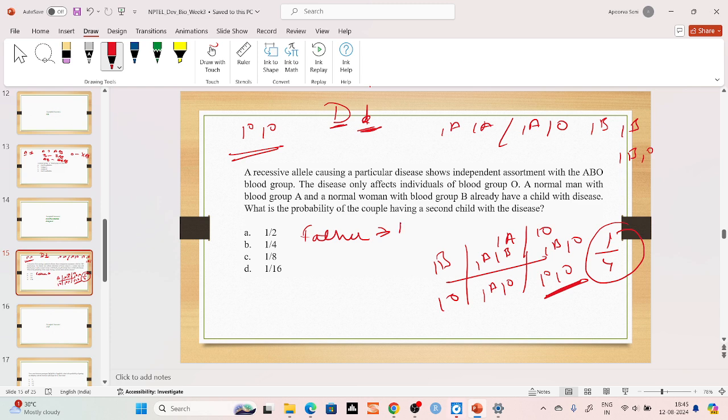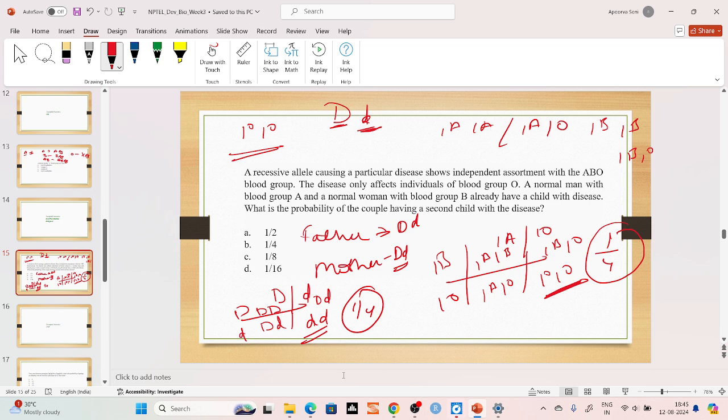So father is Dd, mother is also Dd. So from here, if you do the Punnett square, what would you get? DD, Dd, Dd, and dd. So for the inheritance of the disease, the probability is again 1 by 4.